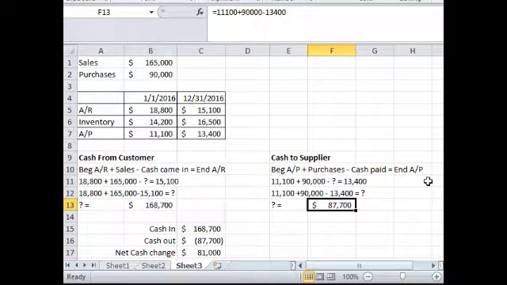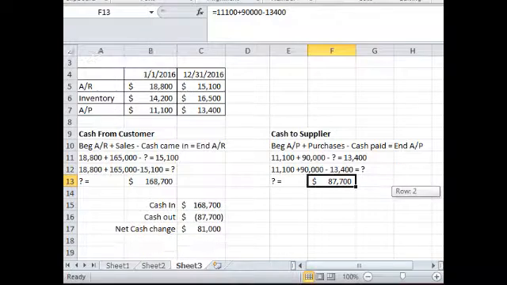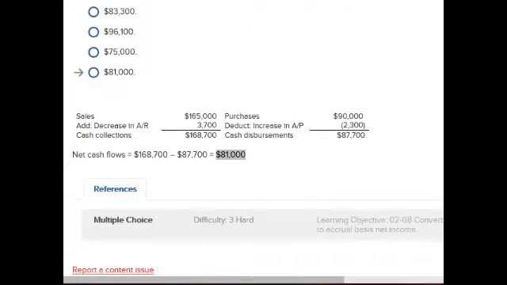So overall, you have 168,700 coming in from my customer, and I paid my suppliers 87,700. Overall, net cash change, increase or decrease, was positive 81,000. And that is the reason why you have this answer.